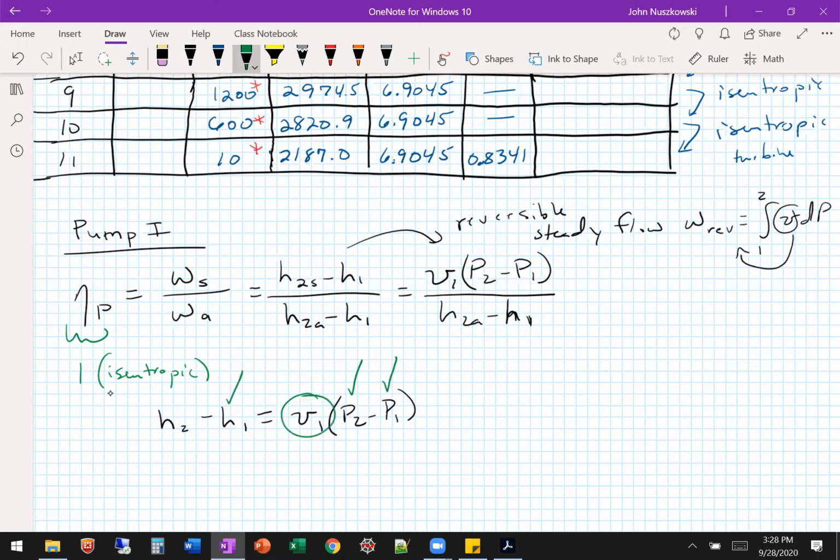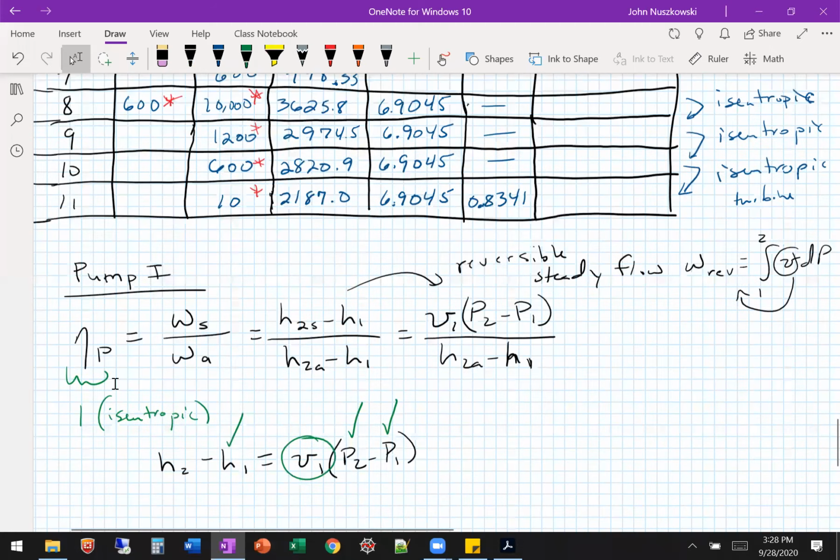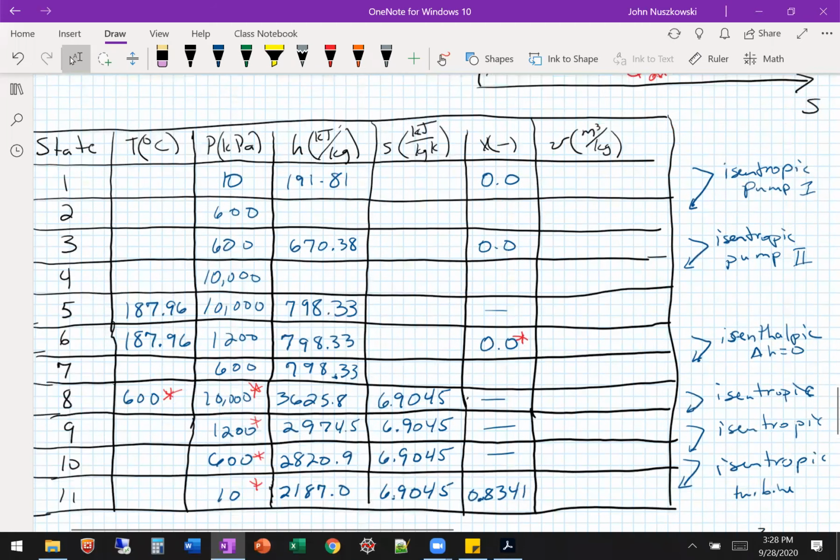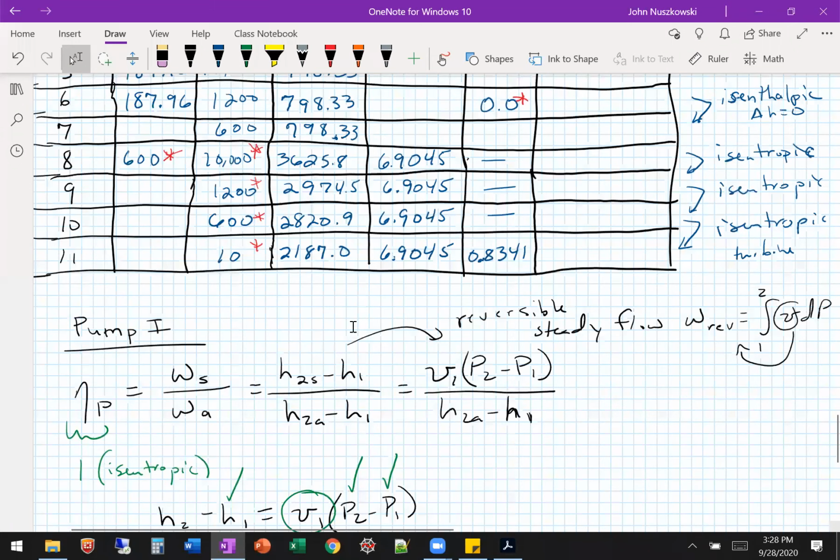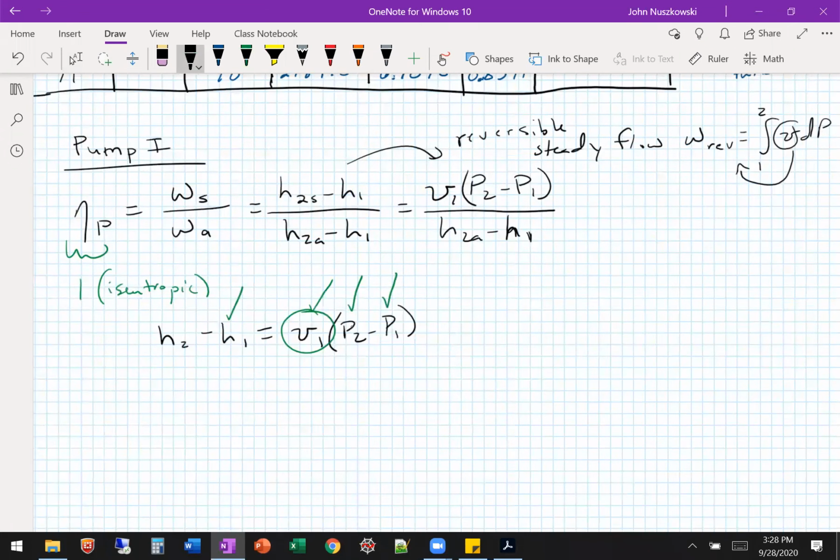We do need to get the specific volume at state 1, which we can just go grab from our table. Okay, so now we have that. So that means we can get H2.